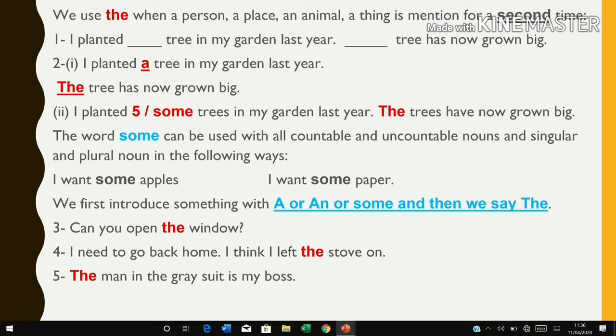Here is the final example. Where's the money I lent you last week? I start with where's the money, and then I say which money: the money I lent you last week.